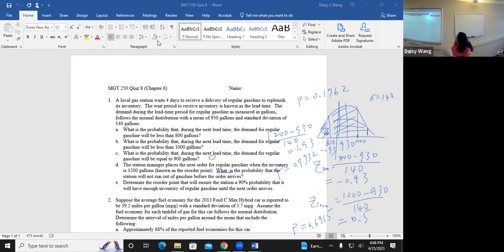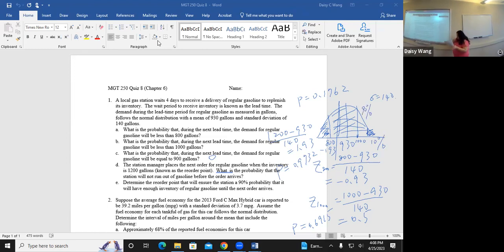And then E. What would be the reorder point if we want to have a 90% probability that we will have enough gas? So we want this area to be 10% and this area to be 90%. So this is one tail.